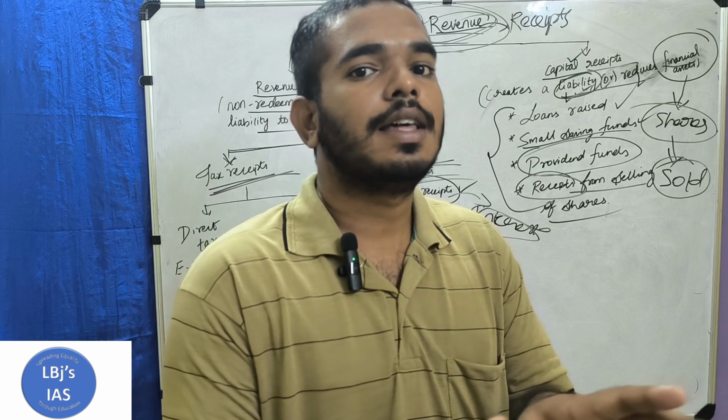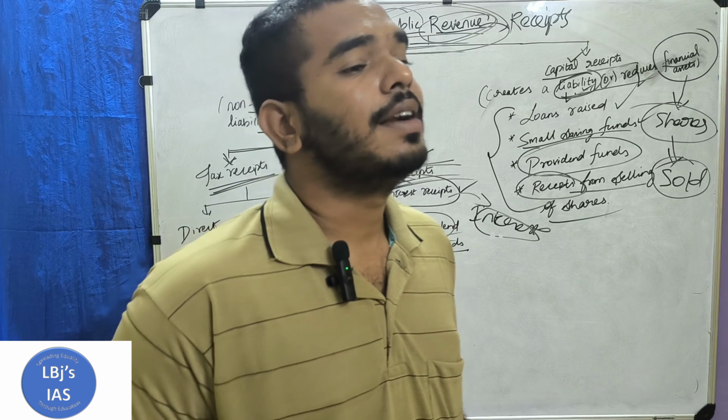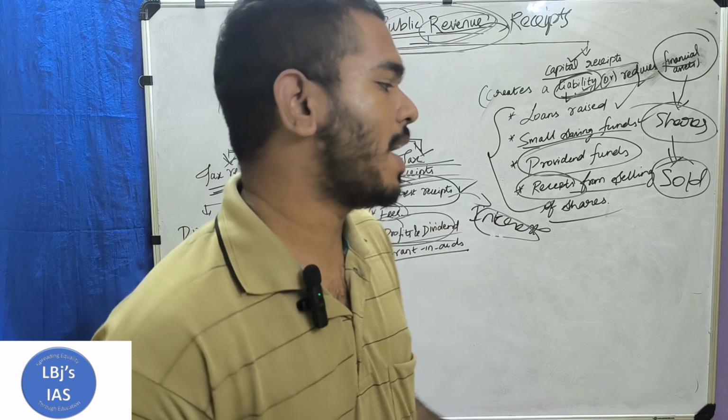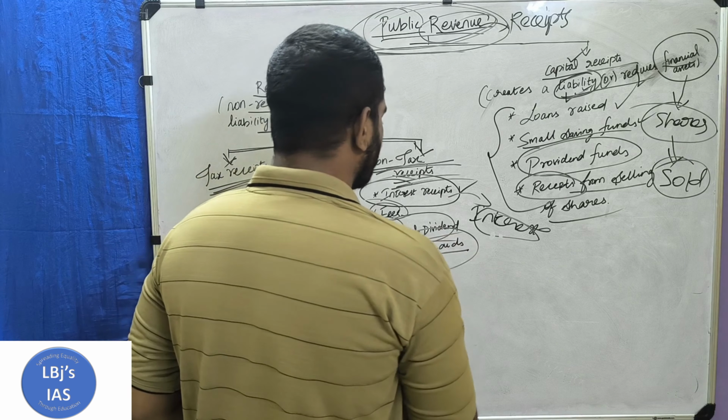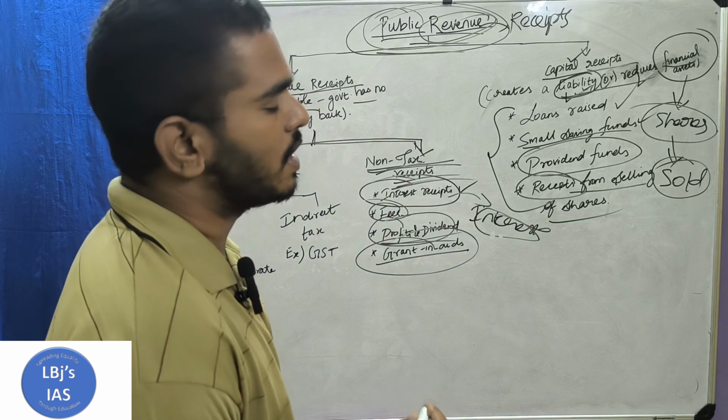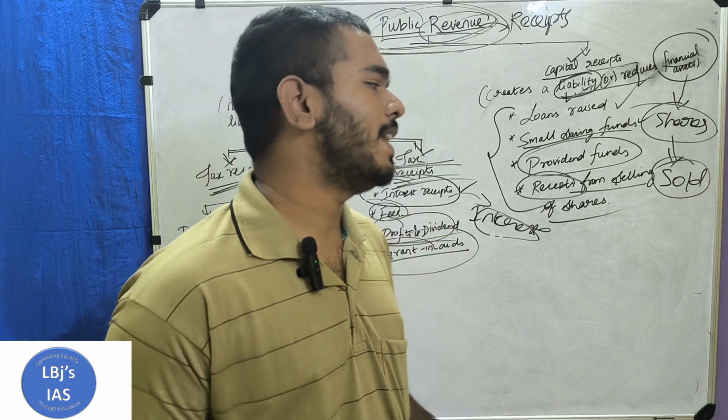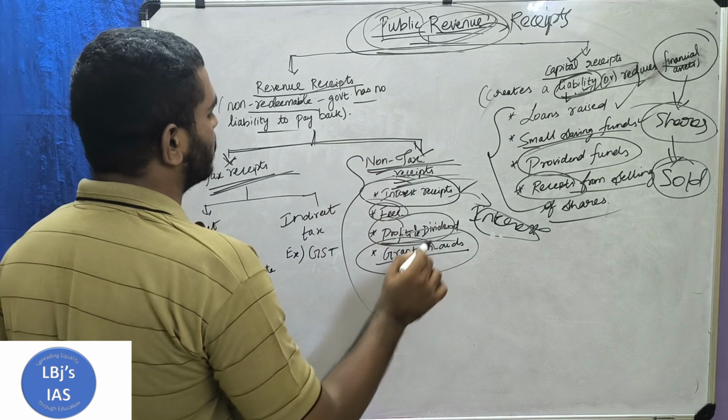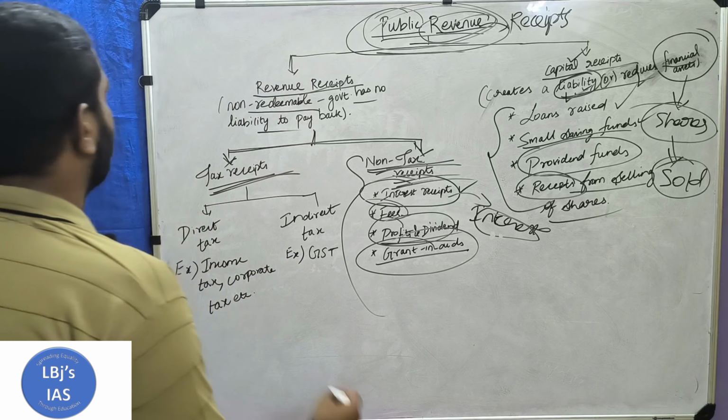It was provided as a grant-in-aid. So the government does not directly need to pay it back. Such an amount is known as a grant-in-aid. So these are all non-tax receipts for a government.